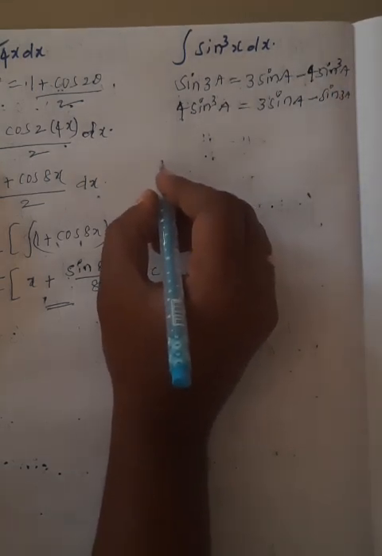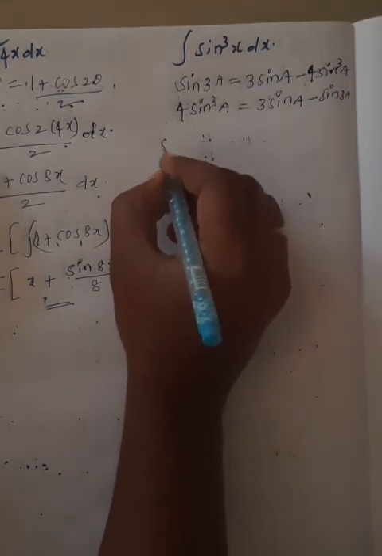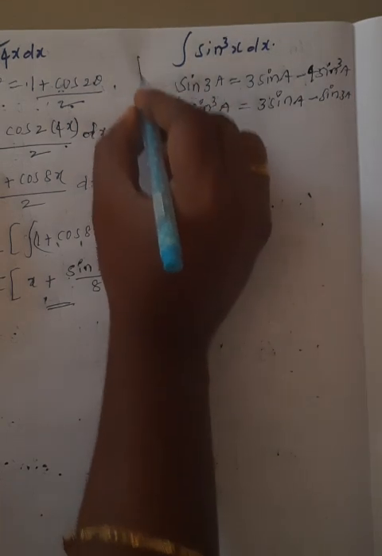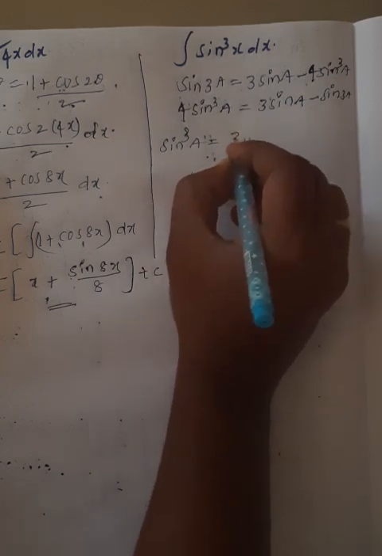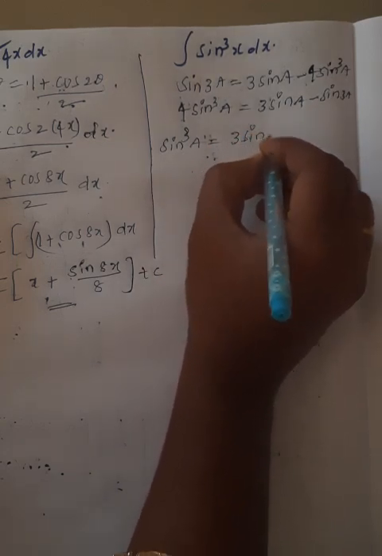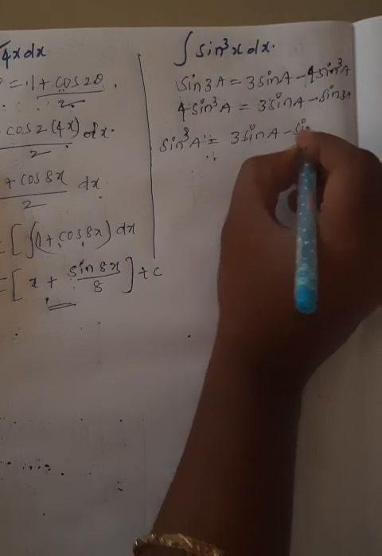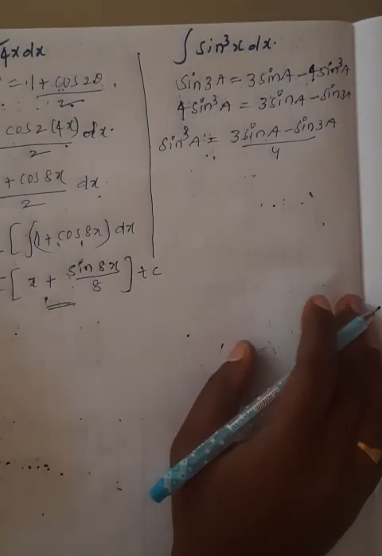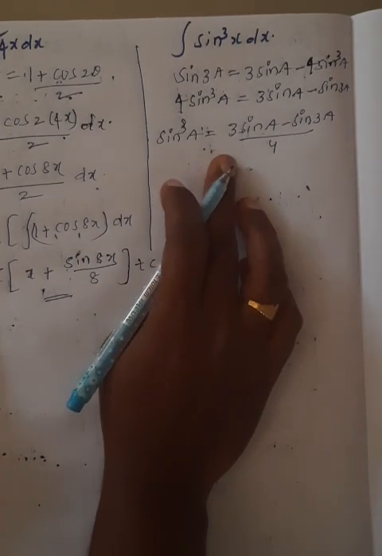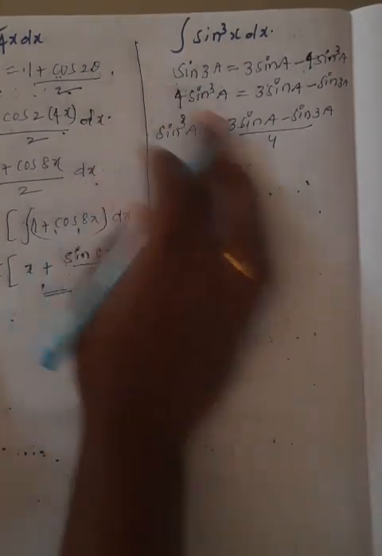Therefore, from this we can write sin cube a as (3 sin a minus sin 3a) by 4. So here we have to use this formula to solve the given question.